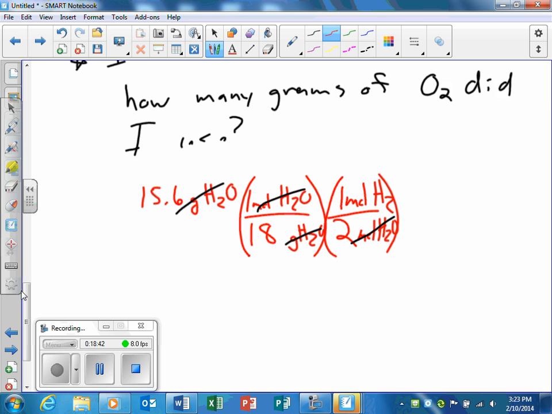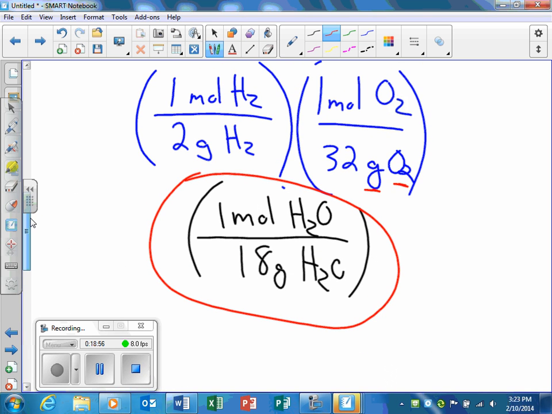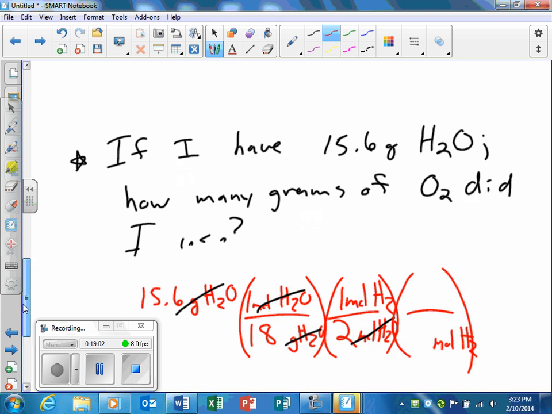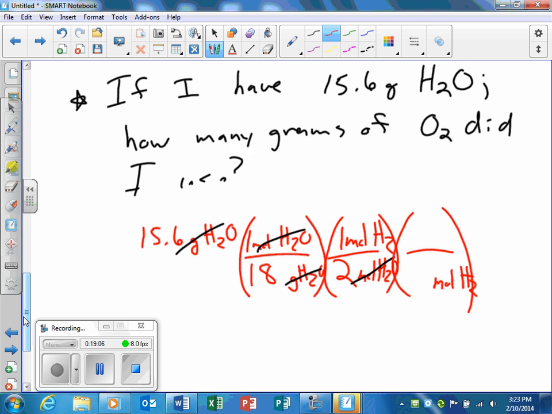Okay. So now do I need moles of O2? No, I want grams of O2. So what has to go down here again? Moles of O2. So now I'm going to look to the molar mass of O2. Oh, there it is. 1 mole of O2 is equal to 32 grams. Wait, how did we go to H2? We meant O2.